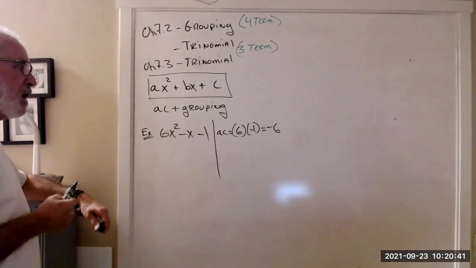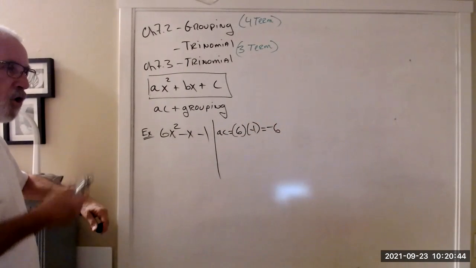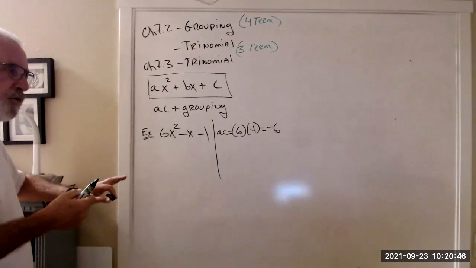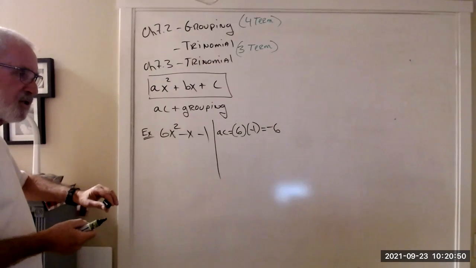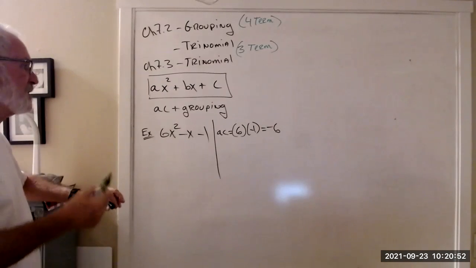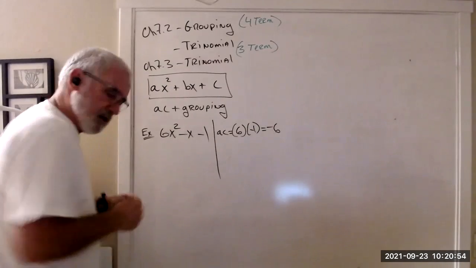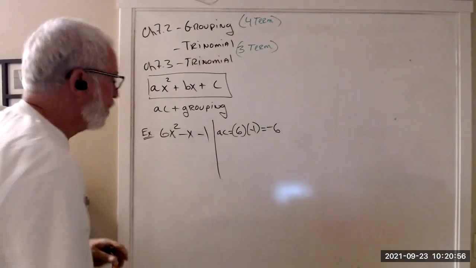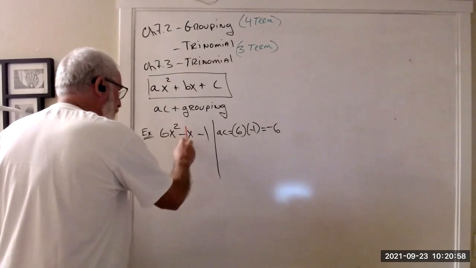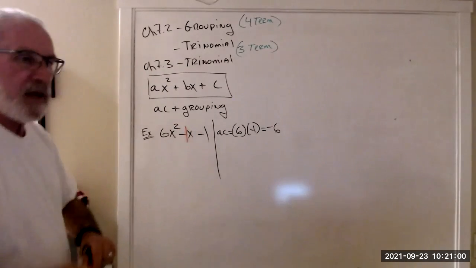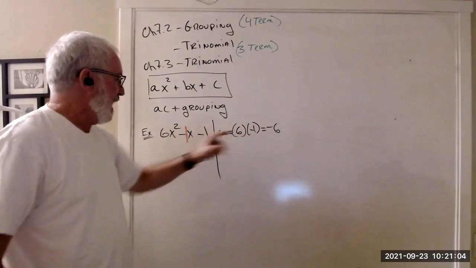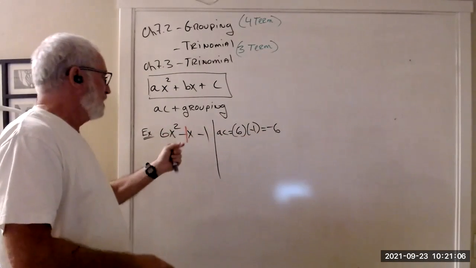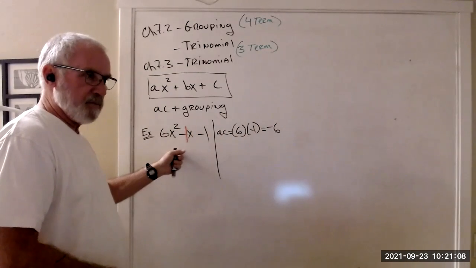Now, your job is to think of all of the numbers that multiply together to make negative 6 and add together to make negative 1. Remember, there's an invisible 1 there. So they have to multiply to make negative 6 and add or subtract to make negative 1.